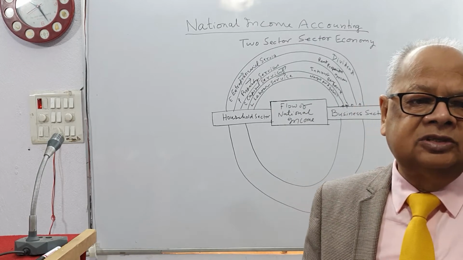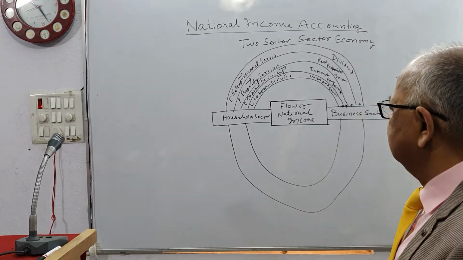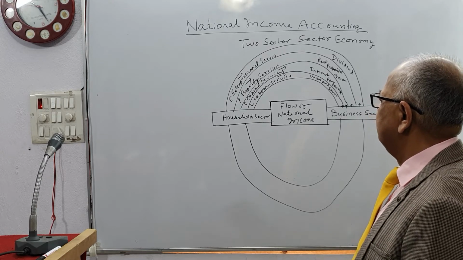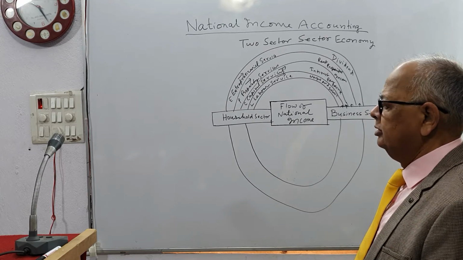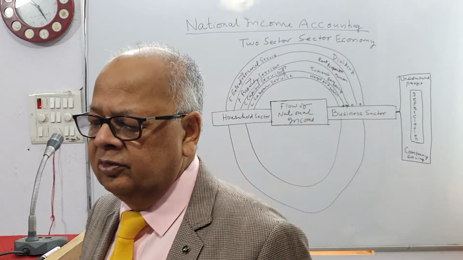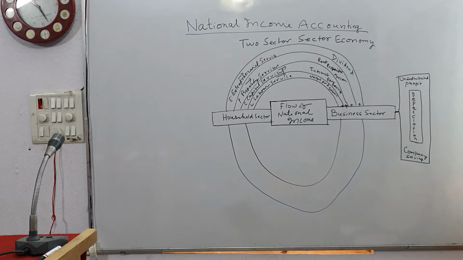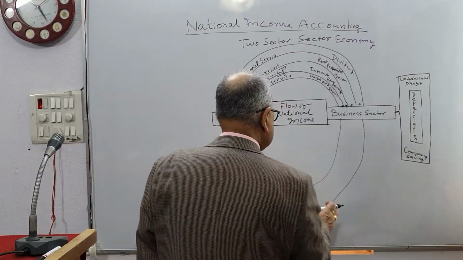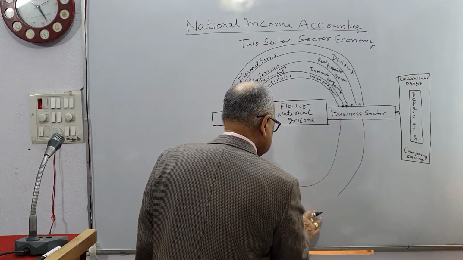What are factor services? Factor services are labor service, capital service, property service, entrepreneur service. These services are utilized, and the firm will receive these services, and these services will be utilized for the production of goods and services.